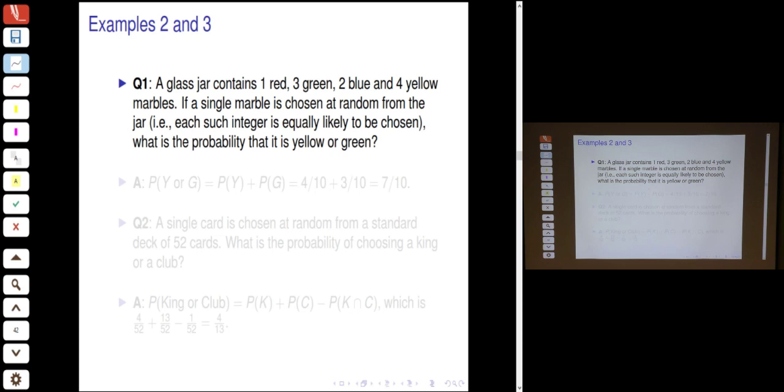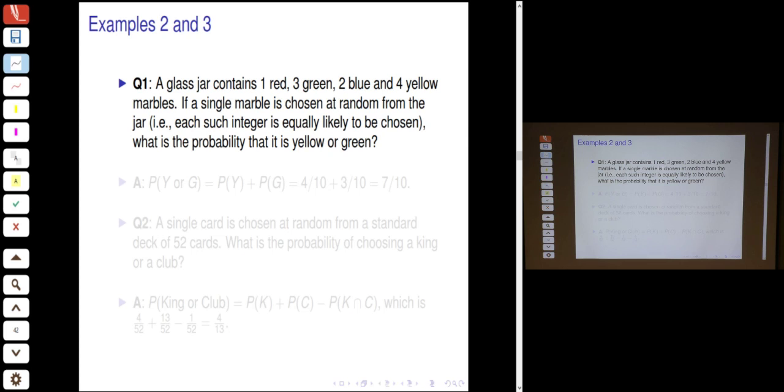So let's continue. We'll see more and more examples. The examples are all very simple, but let's look at them one by one. Question one: a glass jar contains 1 red, 3 green, 2 blue, and 4 yellow marbles.